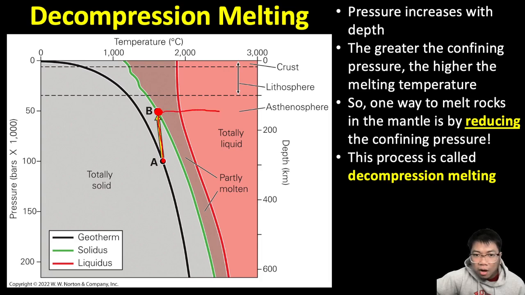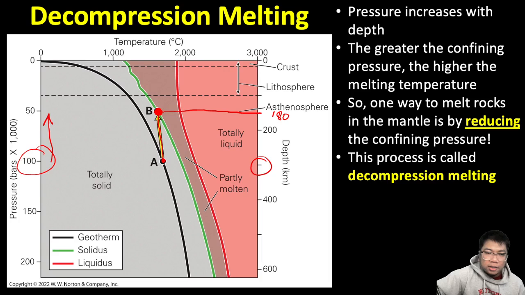Now the same rock is at about maybe 180 kilometers below the surface, from about 300 kilometers below the surface. By bringing these rocks towards the surface of the earth, what we just did is simply lowering the pressure, from 100,000 bars to about 50,000 bars.